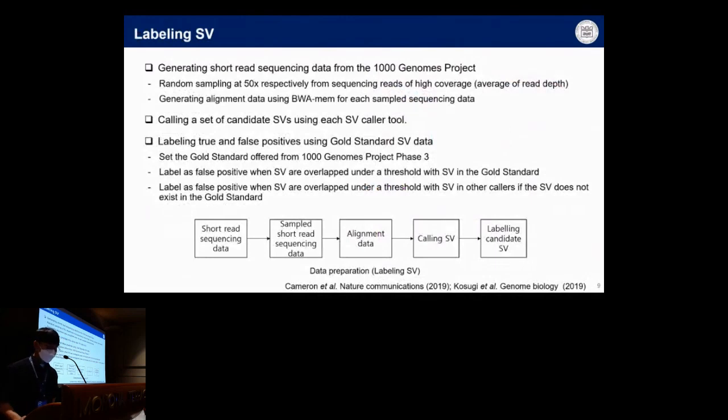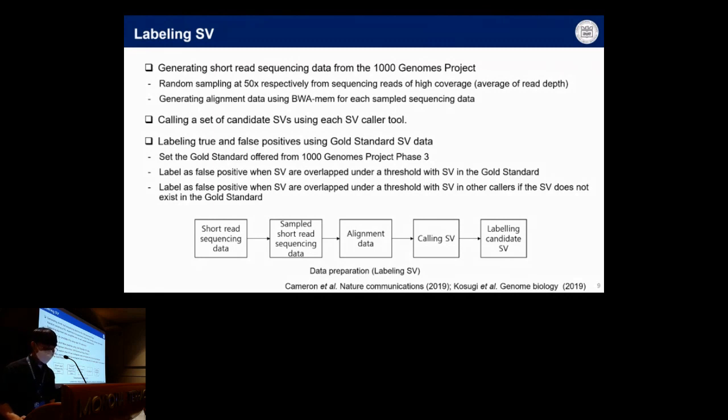The false positive structural variations were determined by applying the following steps in Cameron et al. and Kosugi et al. At first, gold standard datasets were integrated from the 1000 Genomes Project. They were examined by experts.